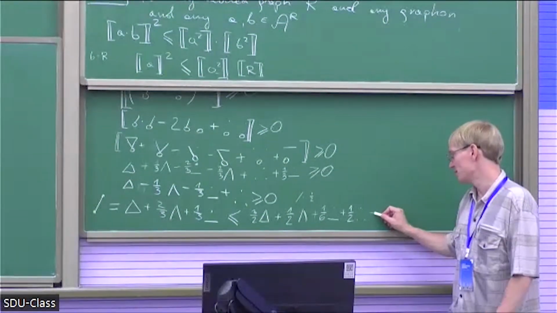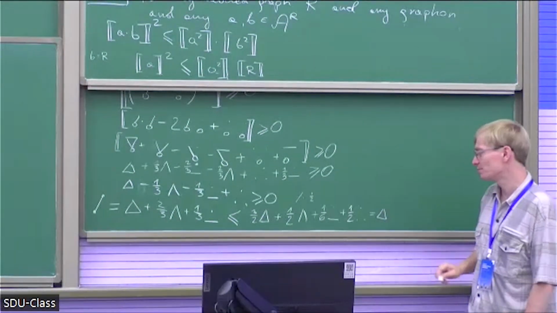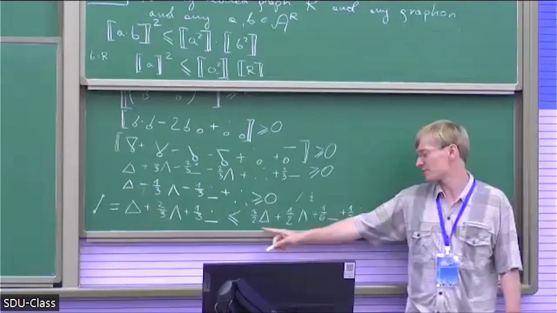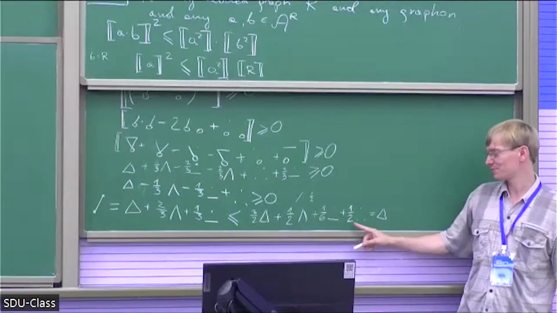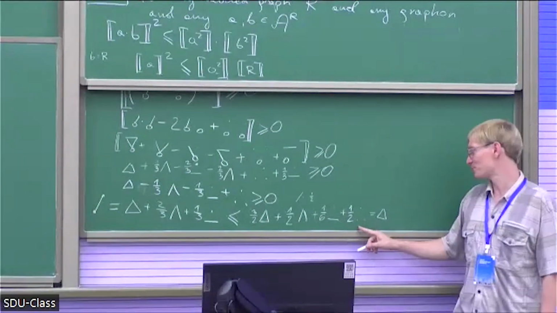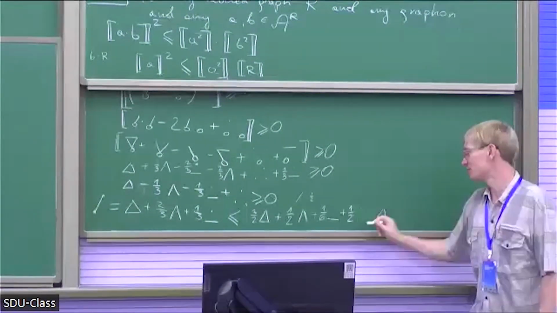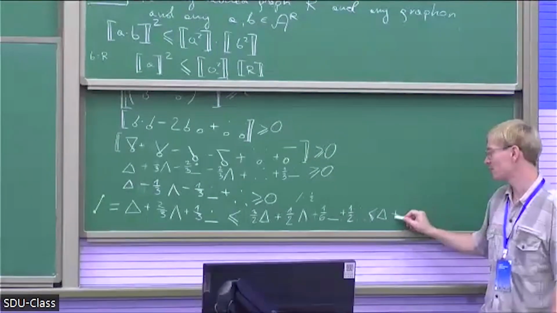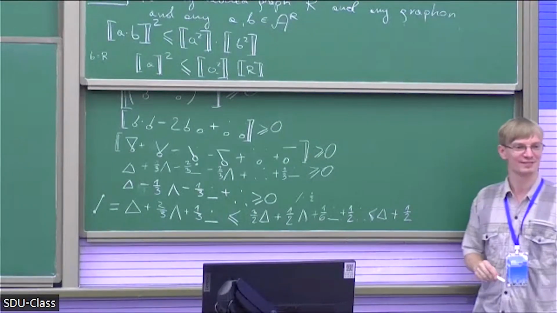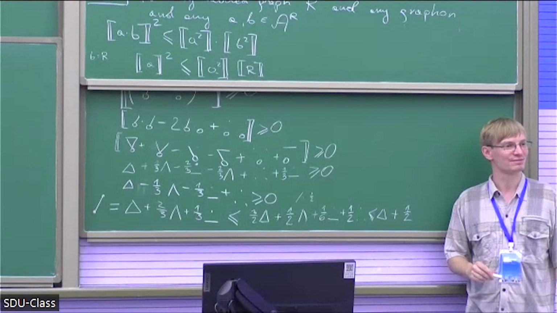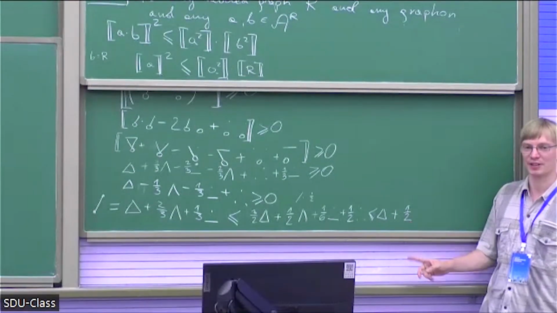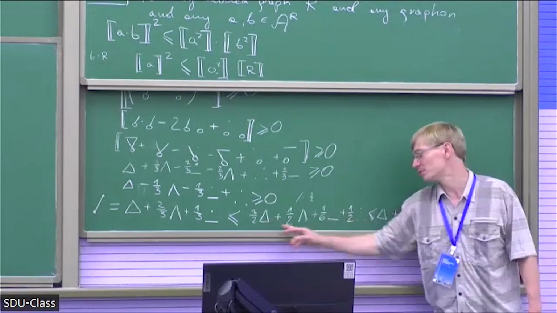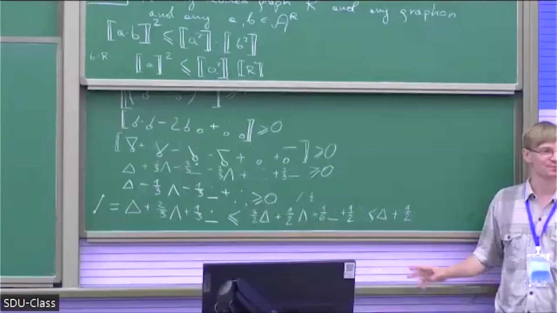What I can say now, if I take out the triangle, then the rest is just half triangle, half this, less than half and half. So definitely it's less than triangle plus half of everything. You agree? Half of everything, those are probabilities, so they sum up to 1.